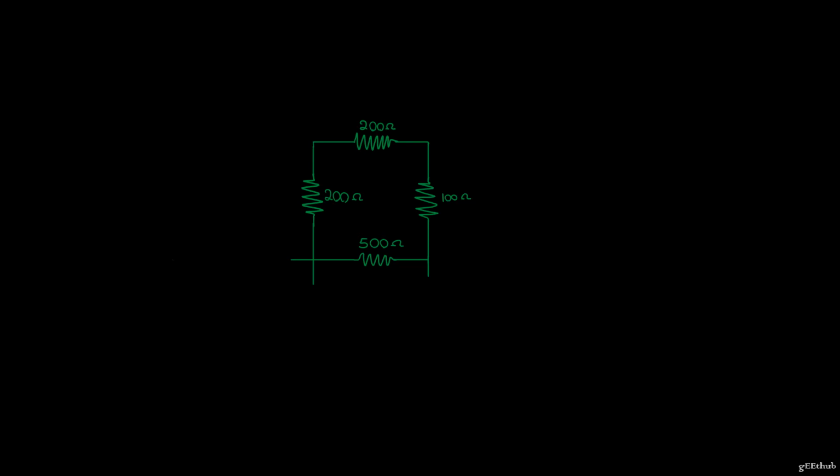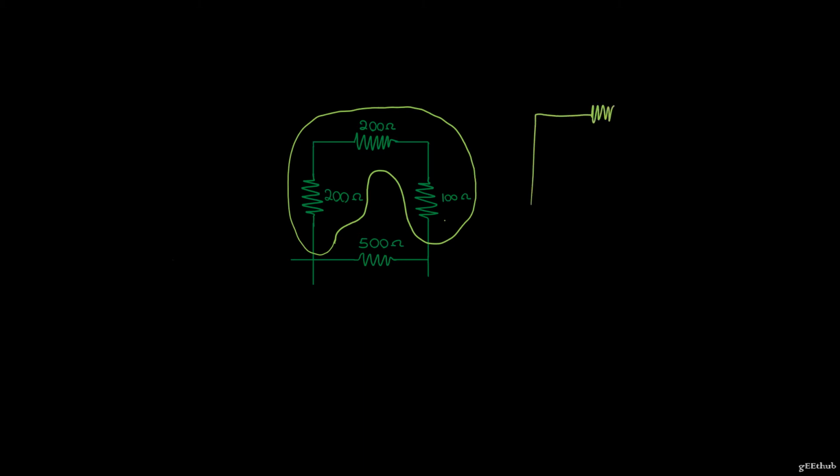So here I'm seeing 3 resistors in series that are parallel to our 500 ohm resistor. So that's going to be 200 plus 200 plus 100, it's 500 ohm. That is parallel to another 500 ohm resistor.